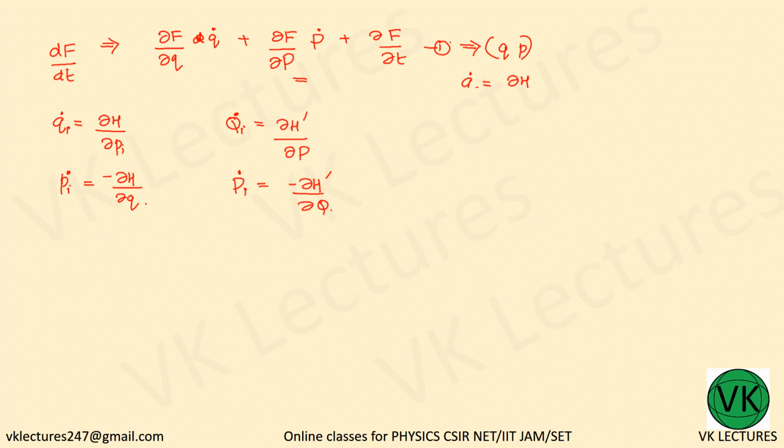Here we have the equation dF/dt equal to ∂F/∂q times q dot plus ∂F/∂P times P dot plus ∂F/∂t. Here P_i dot is equal to minus ∂H'/∂Q_i, and this is equal to 0 due to the Hamilton-Jacobi formalism.